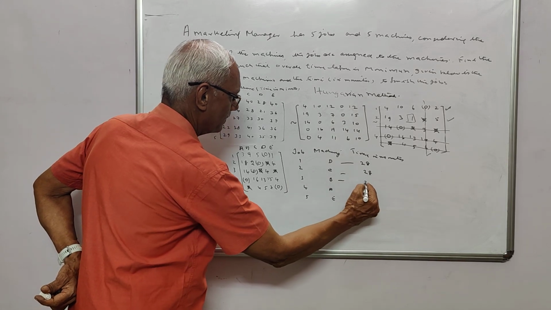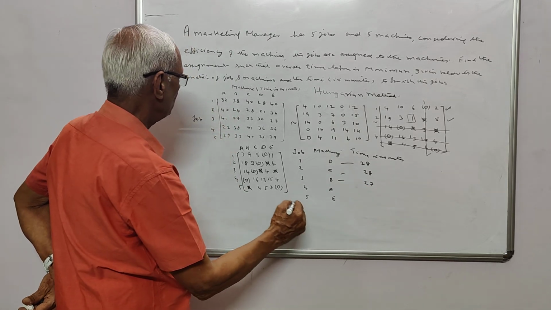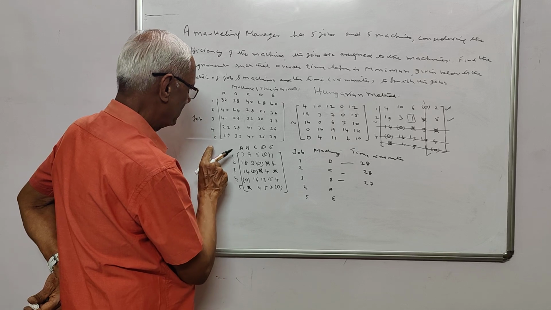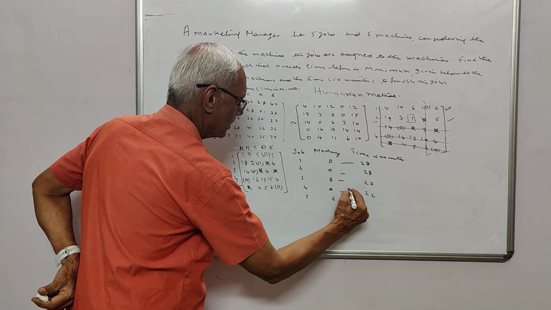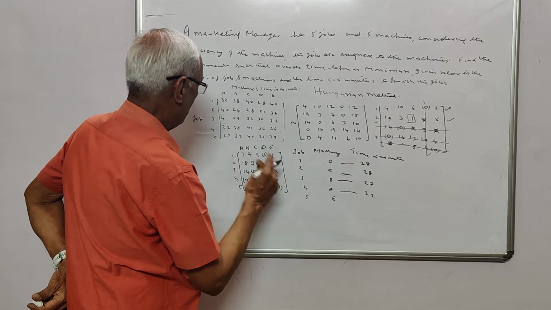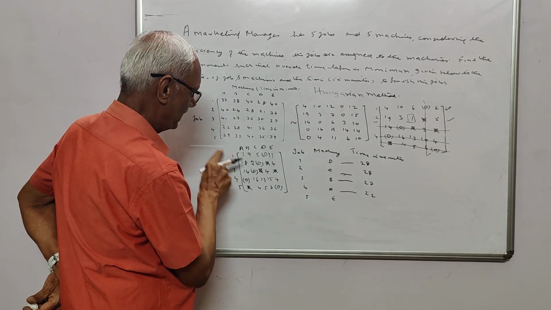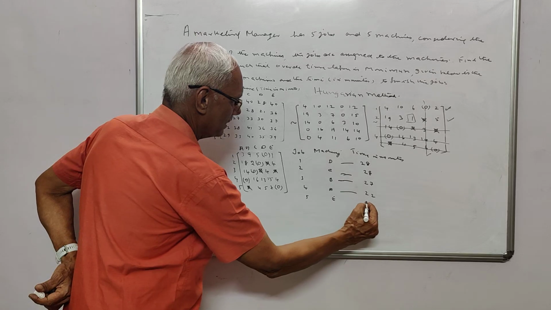It is 27. Then the fourth job is assigned to A. So it is 22. And the fifth job is assigned to E, which is 39.